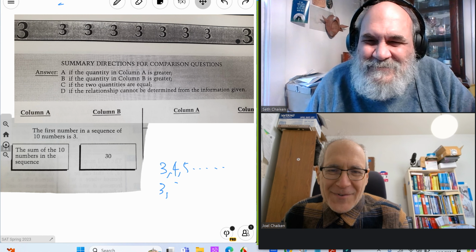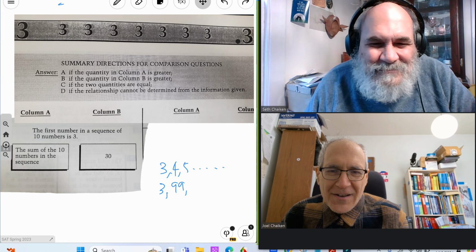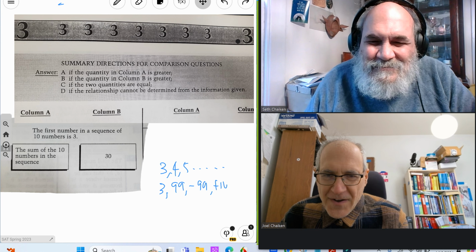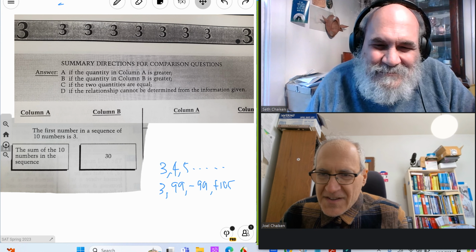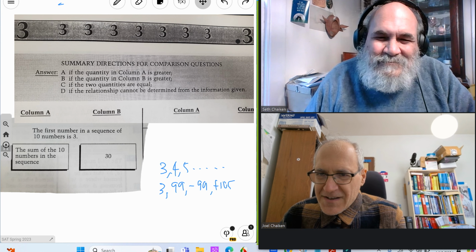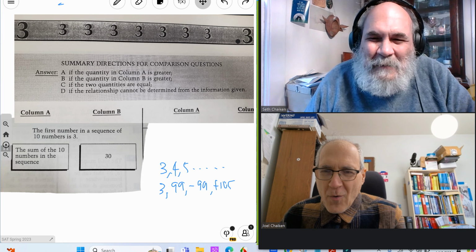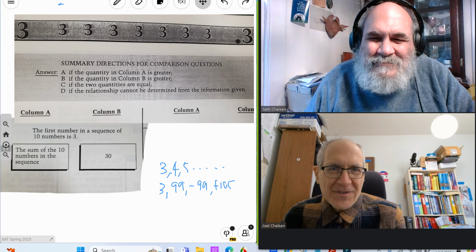That's just an example. You're right, it can even be negative 99. It could be plus 105. It could be anything. They don't say whether it's arithmetic or geometric. The sum of the 10 numbers in the sequence is 30. Weird question, right? Yes, it's really weird.